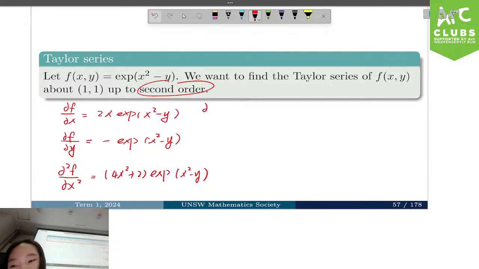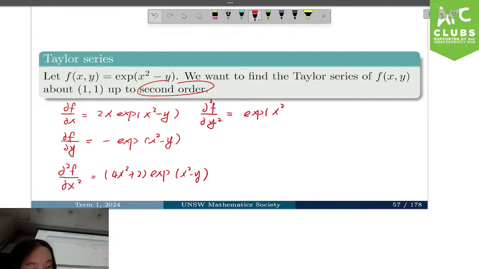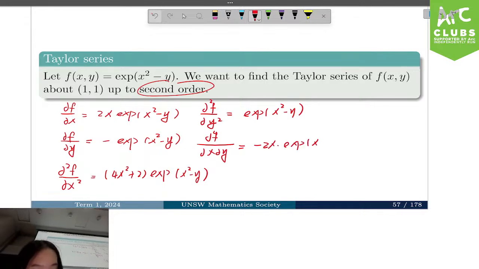Also, the second derivative with respect to y, we have the exponential e^(x² − y). Also, in this case, I'm just going to quickly write it down. You can do the calculations again once you get time.